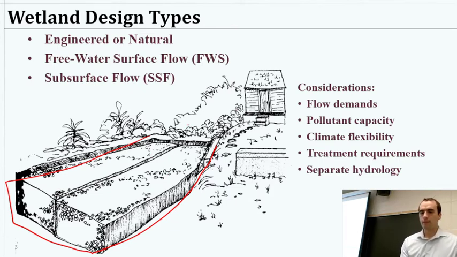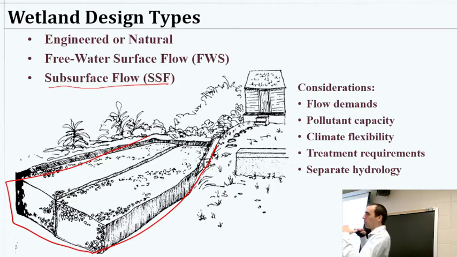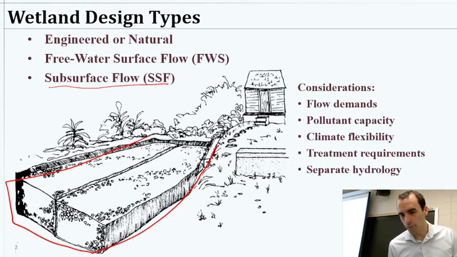And if this is a gravel system, that would be considered a subsurface flow, where our wastewater is essentially flowing underneath the surface level, right? It's kind of hard for me to tell what this picture is depicting, but I think that's what it's saying, and then we would expect to grow plants on top, right?